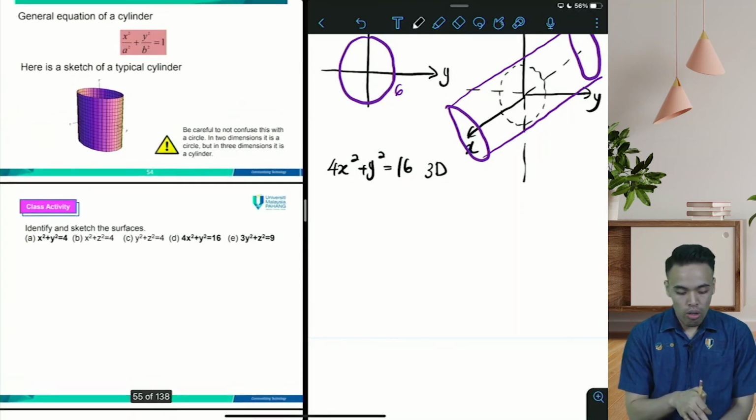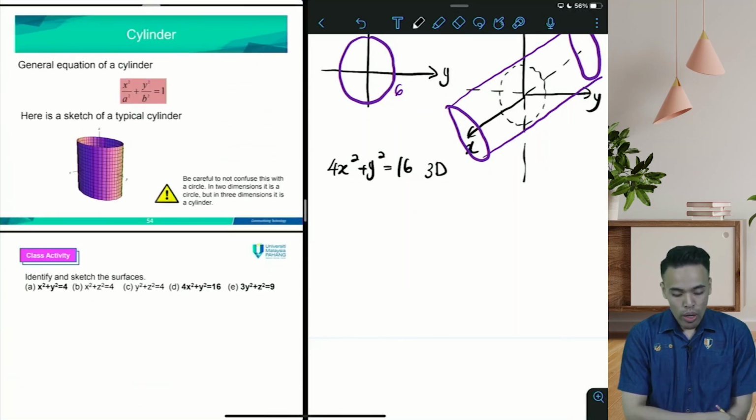So you have to be able to transform it into the form you are familiar with, because previously, we know that x squared over a squared plus y squared over b squared is equal to 1 will always represent the general equation of a cylinder in a three-dimensional coordinate system. So you have to transform the expression given to you into this general equation.